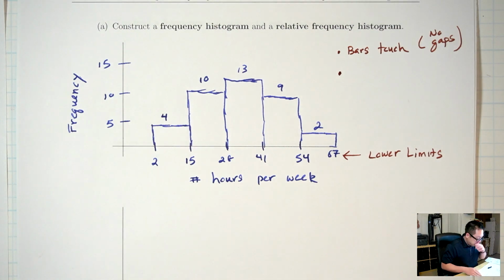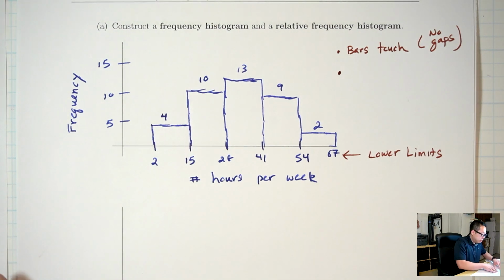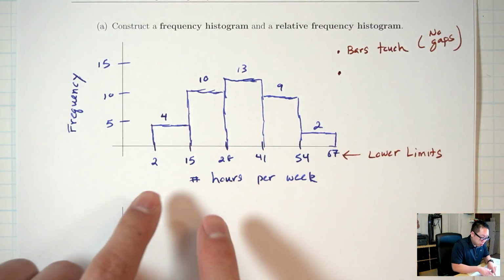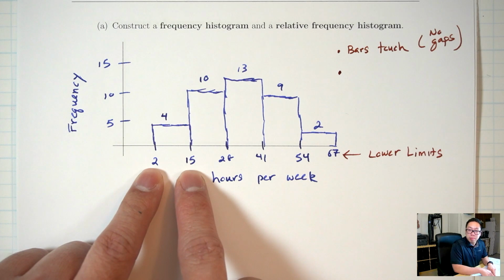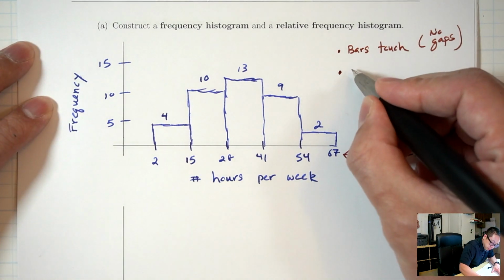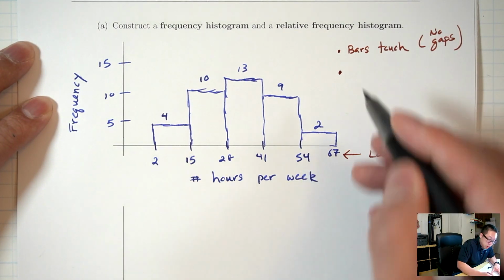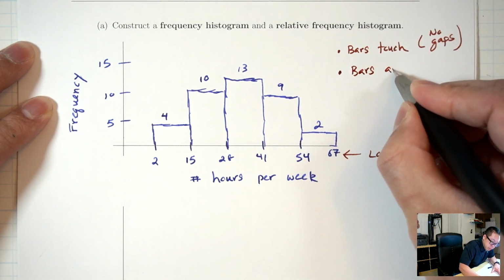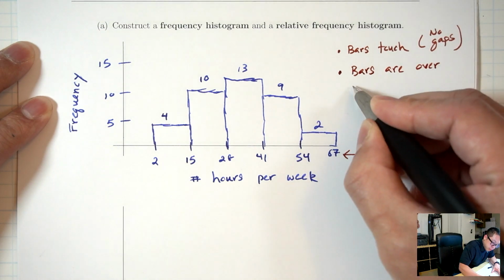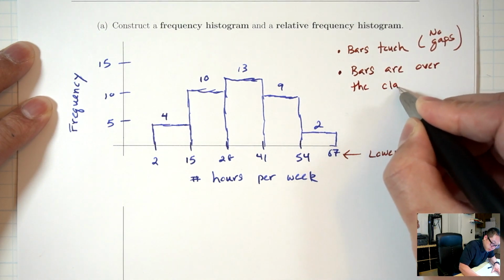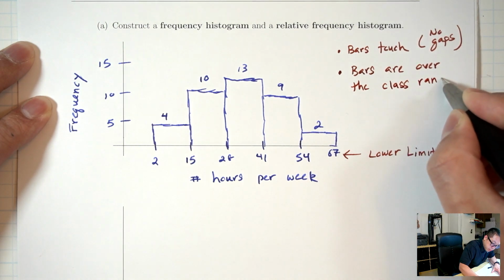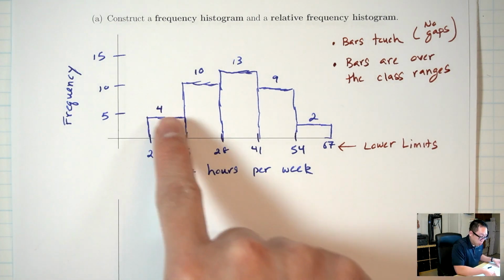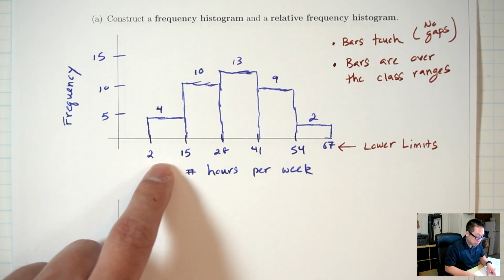For continuous data, or any data where we're breaking up the data into ranges, the bars need to be above the range. So notice you don't have any numbers in the middle of the bar. That's because this 4 doesn't represent just the 2 or just the 15.